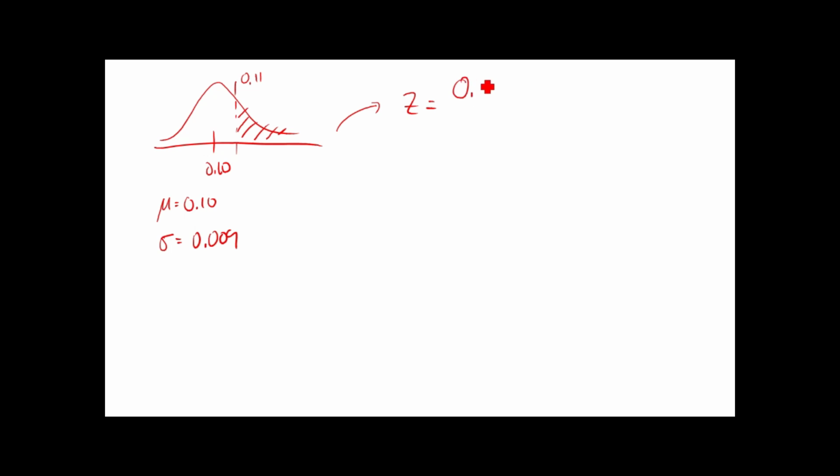I saw an observation of 11%, and I'm assuming the mean didn't change, it's really 10%, which would mean the standard deviation is 0.009. What does your z-score come out to be there? Something a little over 1? 1.11? Yeah, that sounds reasonable.